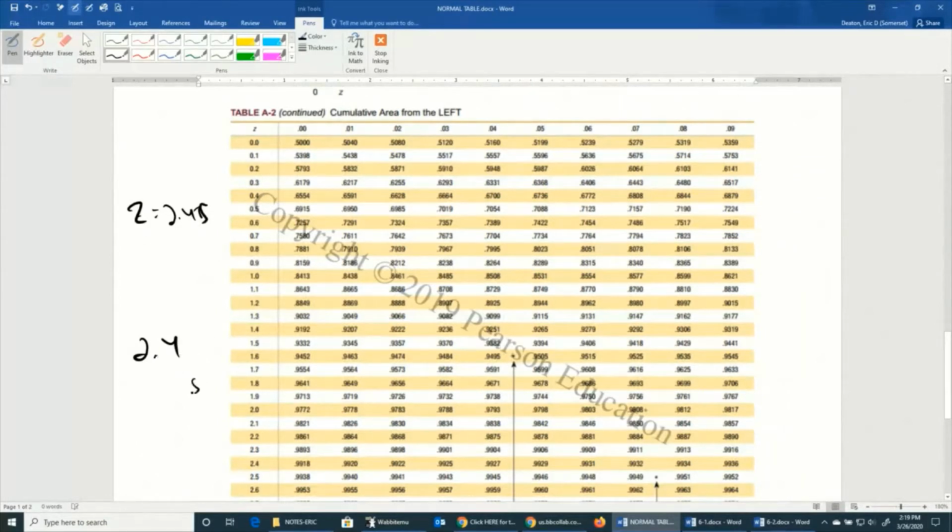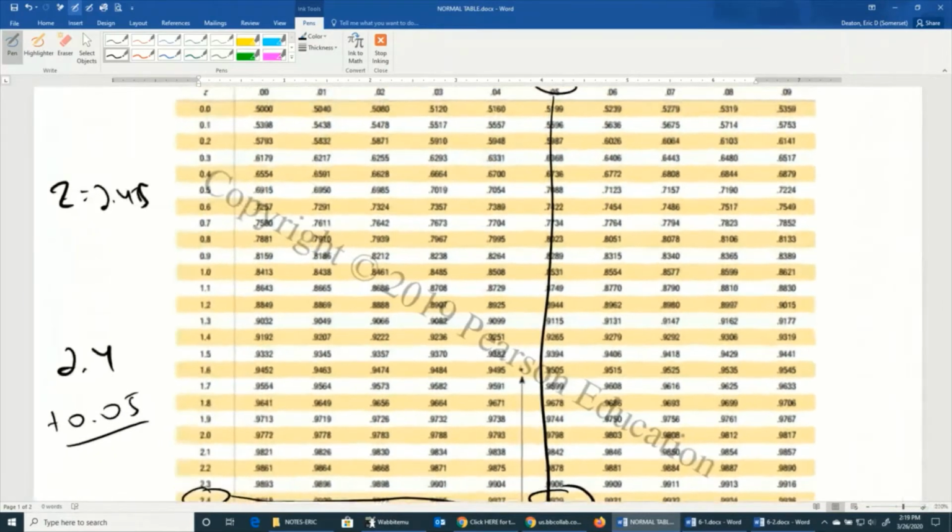And then to get the 5, you know your math with decimals, 2.45 is 2.4 plus 0.05. So here's 2.4, and 0.05 is going to be up here. So what we're going to do is find where these two intersect, and they intersect at that value.